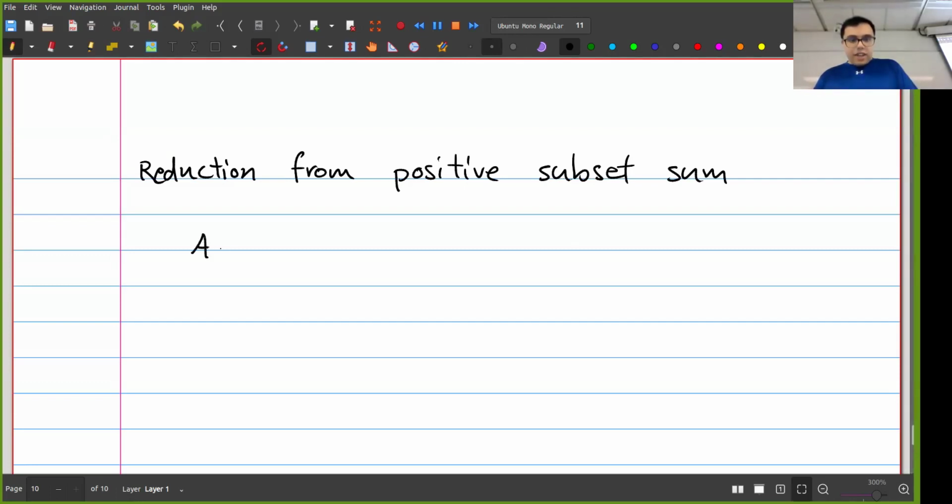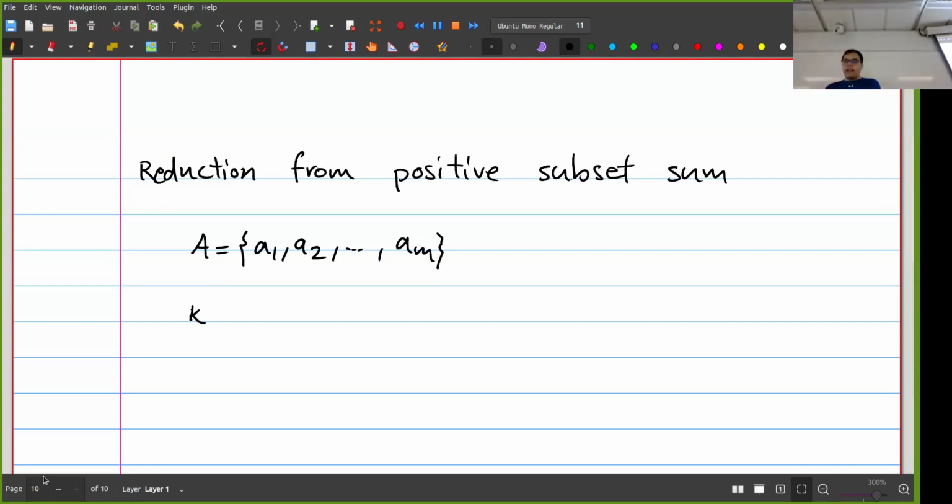I will have an array of integers, let's call it A1, A2 to AM. And I have some number K. And the question is, can I get a subset of A such that the sum of all the elements in it becomes K?